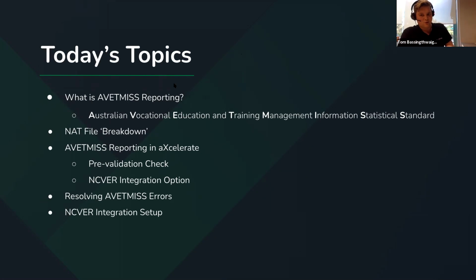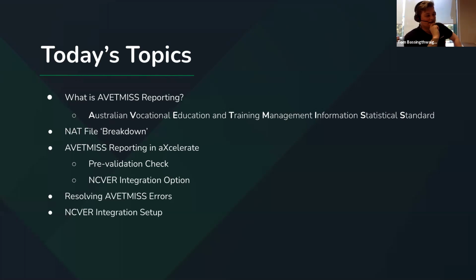Before I move into aXcelerate, let's look at this first point: what is AVETMISS reporting? AVETMISS reporting is something that every organization that delivers accredited training must undertake. It's to do with national reporting guidelines. While each state has its own reporting compliance rules that you must follow, the AVETMISS report is a very broad, national standard of collating and reporting this data.